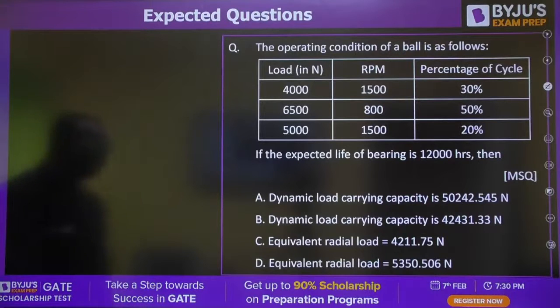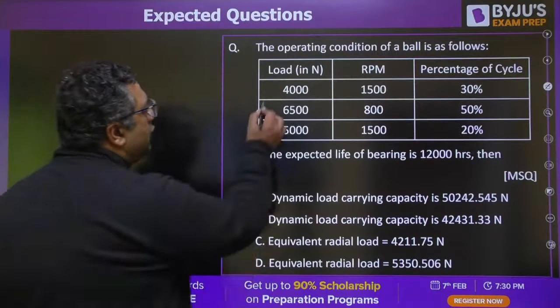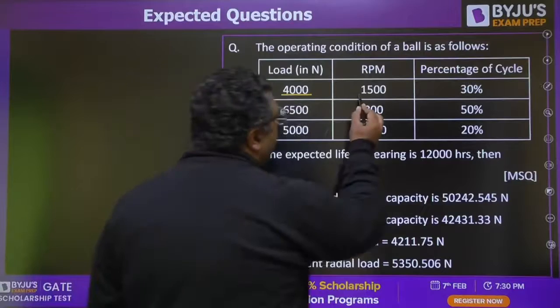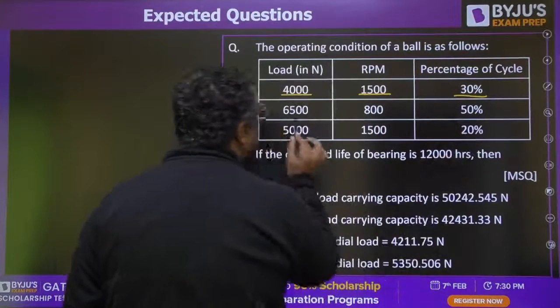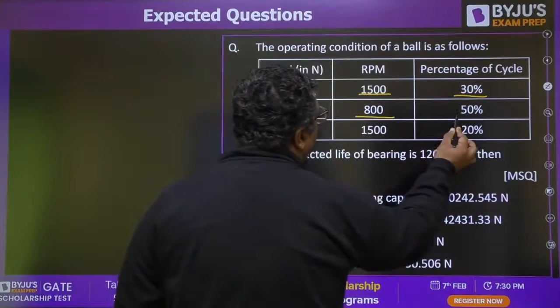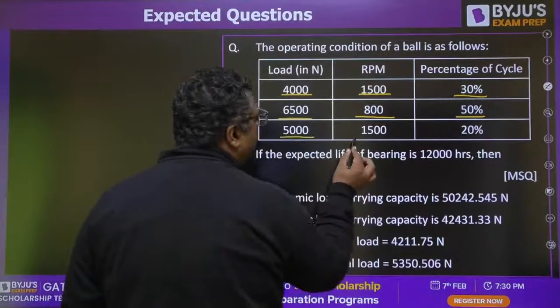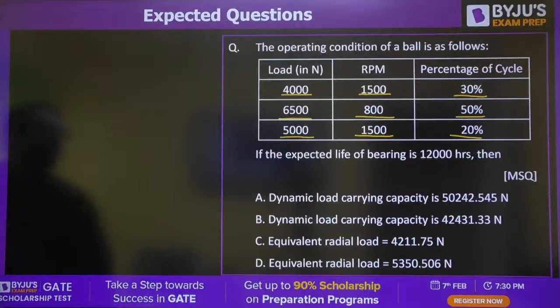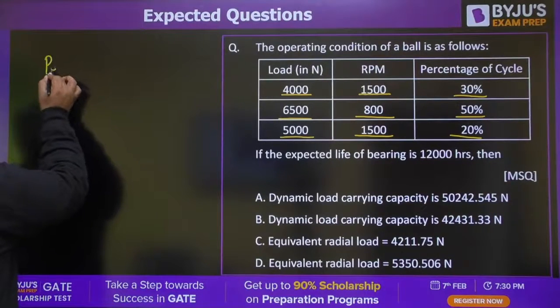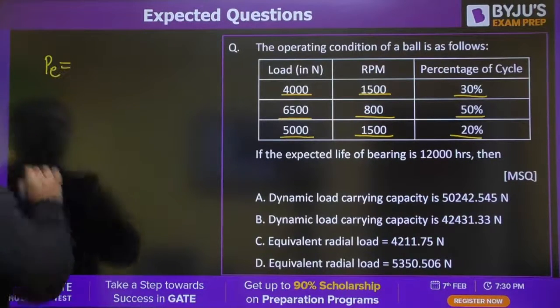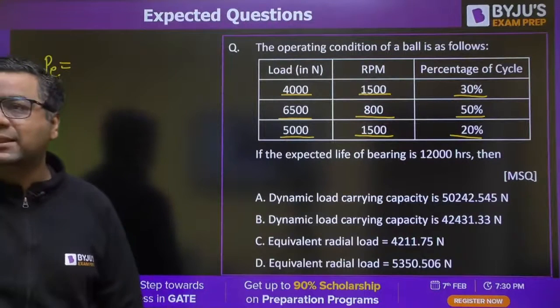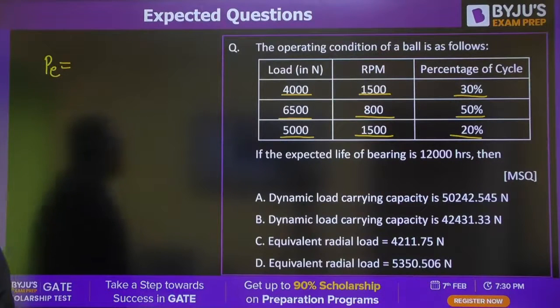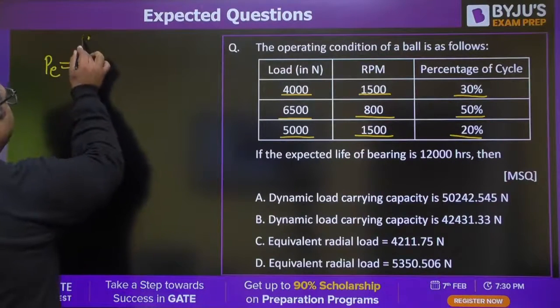So these are the operating conditions of a ball bearing: 4000 Newton, 1500 RPM, 30%; 6500, 800, 50%; 5000, 1500, 20%. It means cubic mean load will be applicable. So the cubic mean load formula, everybody knows.